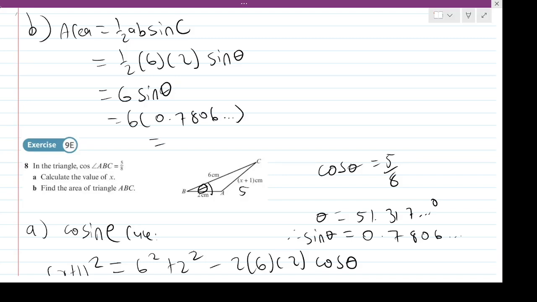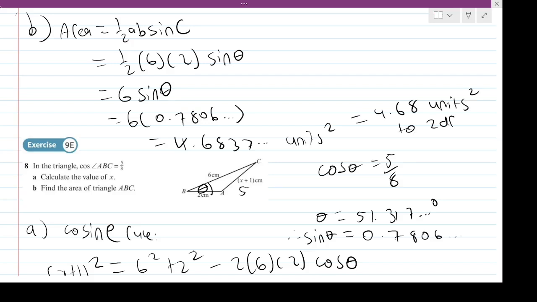If I do that, I get 4.6837. No units, okay, units squared. Or I could say it's 4.68 units squared to 2 decimal places. There we are then. So that's the area in that case. Okay, cool.